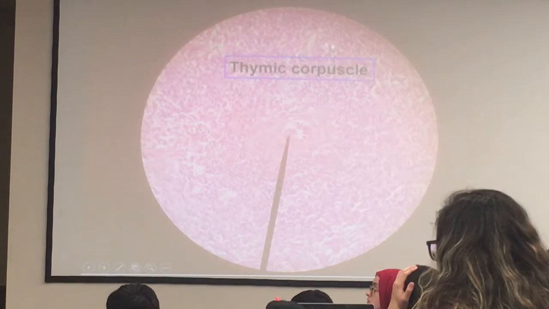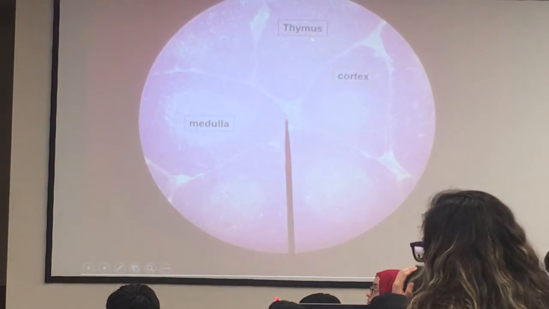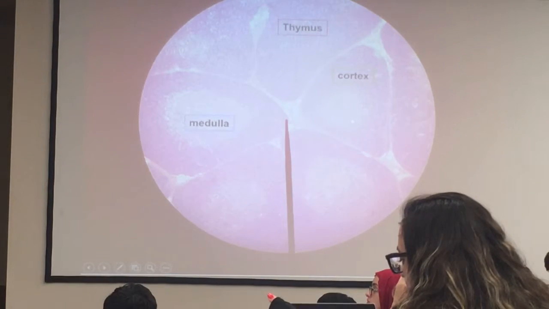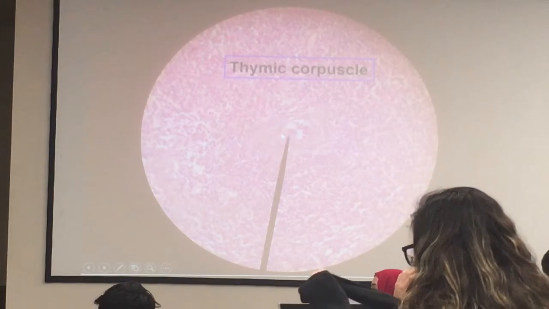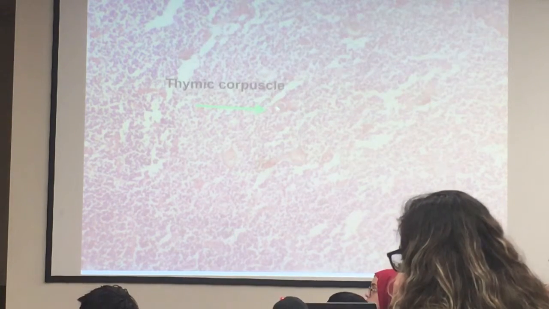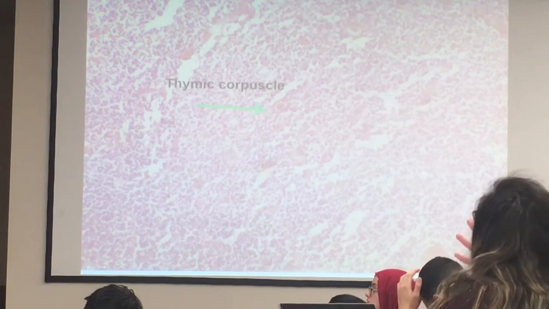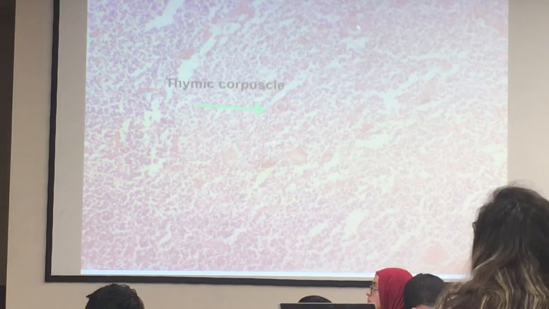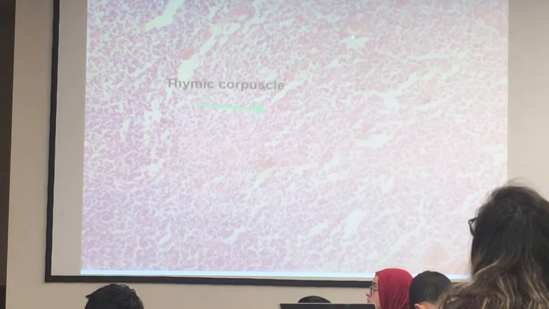You can see the borderline right here. The darker part is the cortex, and here is the medulla. One of my students took this picture for me. This is the cortex outside, and there's the medulla. It forms this corpuscle, and here's a corpuscle. So when you see a circle, you know this one is medulla.